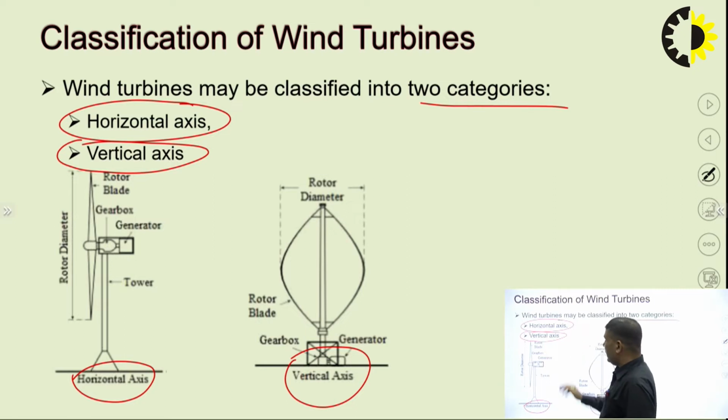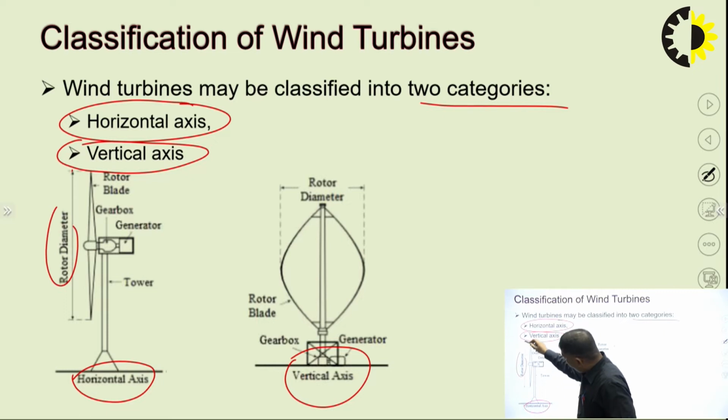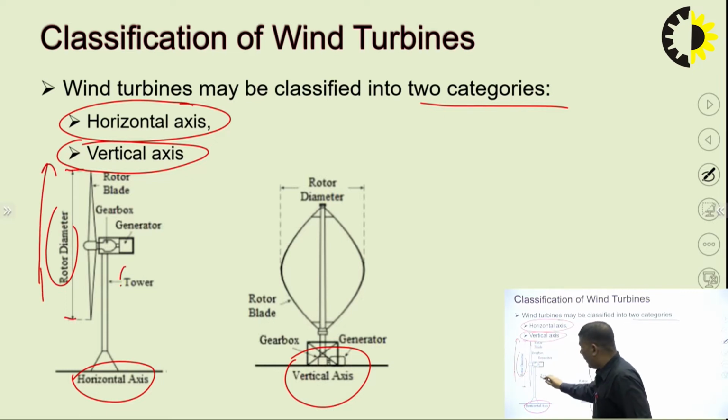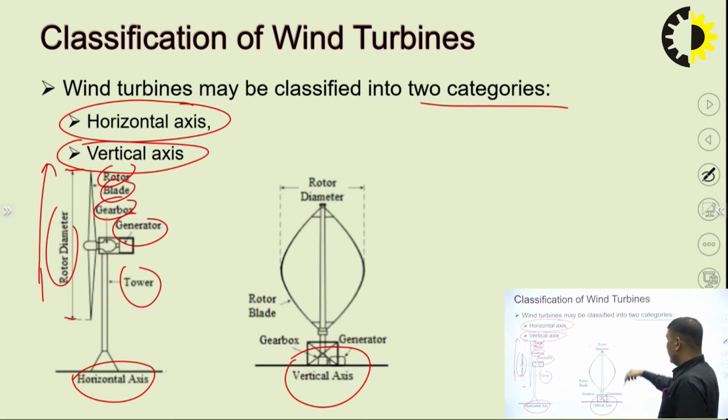We can see here we have the rotor diameter from this point to this point. We have the tower, generator, gearbox, blade, and rotor. And the same thing is here, but here these blades are placed vertically with respect to ground level, and they are placed horizontally there.